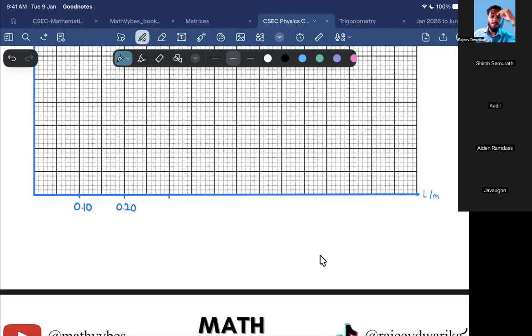This? 0.30. This? 0.40. This? 0.50. And this last one will be 0.60. You could keep going if you want, because most likely we're going to extrapolate our graph. And this could be 0.80.